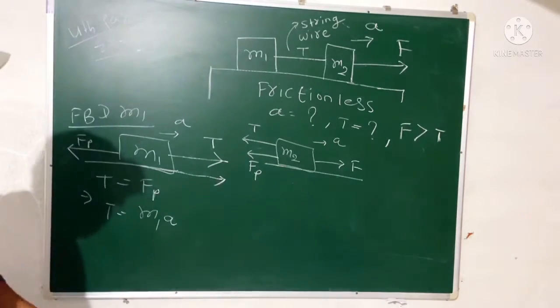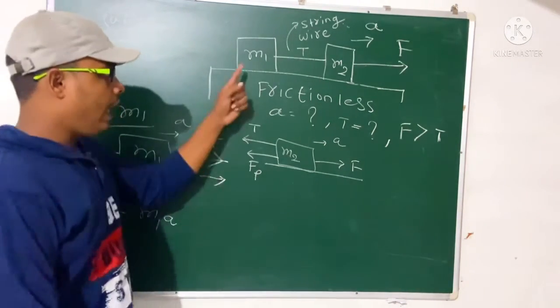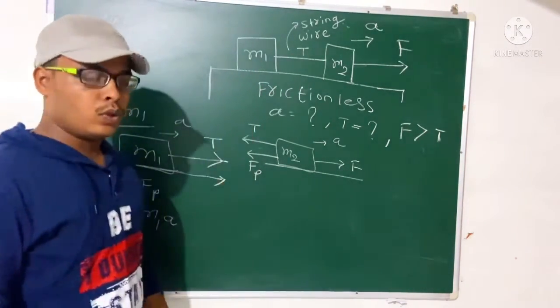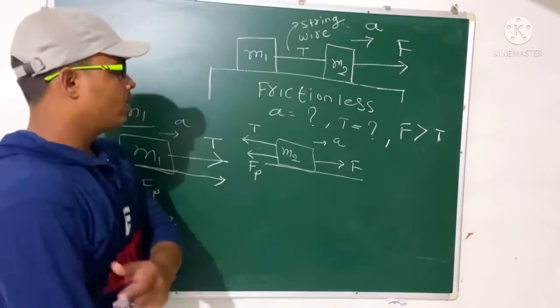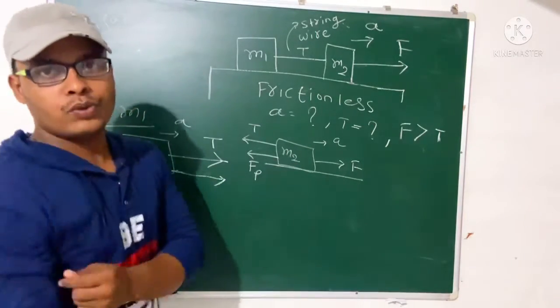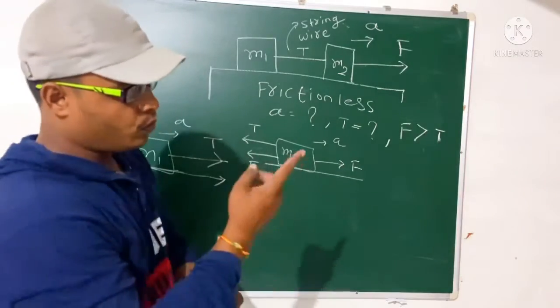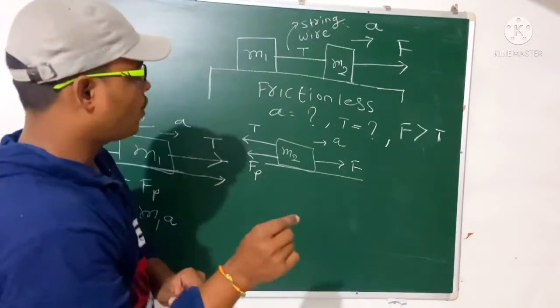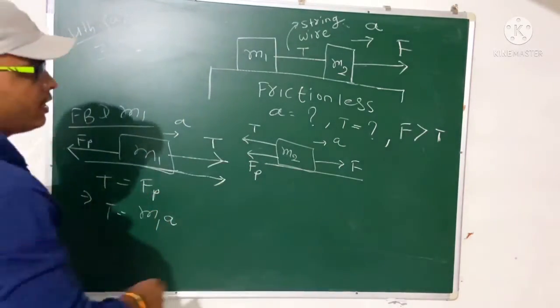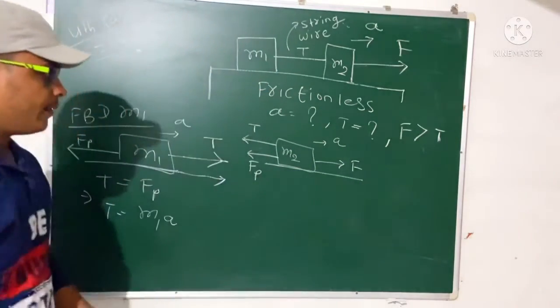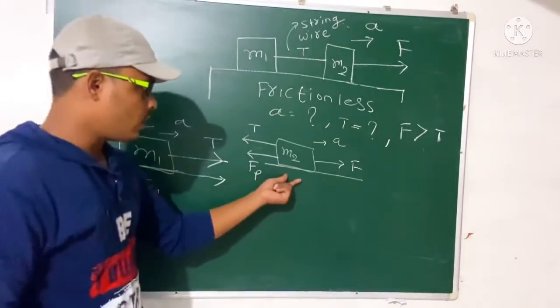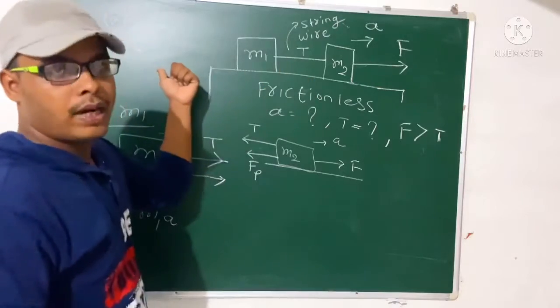The tension force will be to the left side, because M1 also gives some force to M2 to stop the pulling, right? अगर आपको कोई खींच रहा है तो आपका कुछ इंटरनल फोर्स है जो उसका जो खींच रहा है उससे कम है, मतलब थोड़ा सा कम है, इसलिए तो F greater than T है, ठीक है. So this is the M2 case. The tension will be towards M1.